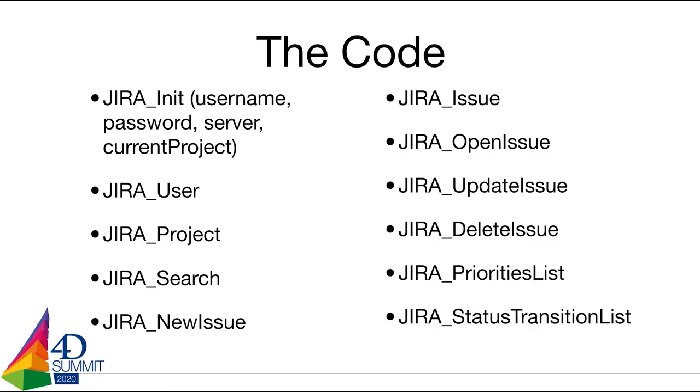You'll have the ability to search the project for different issues based on different criteria. You'll have a method for making new issues, a method for pulling all of the data about a particular issue, and a method just to launch a browser and open an issue in the browser. You'll have a method to update issues, delete issues, and list things like priorities and status transitions.